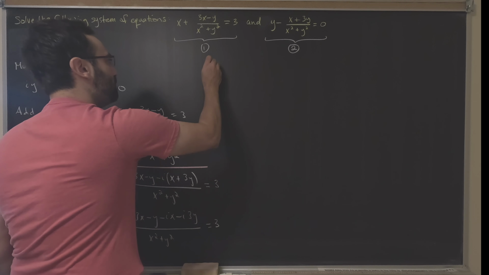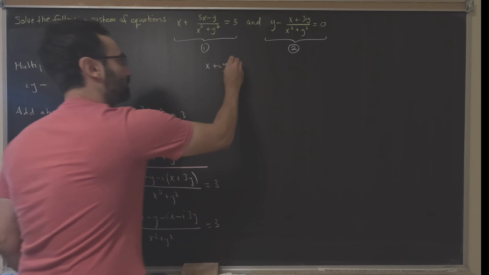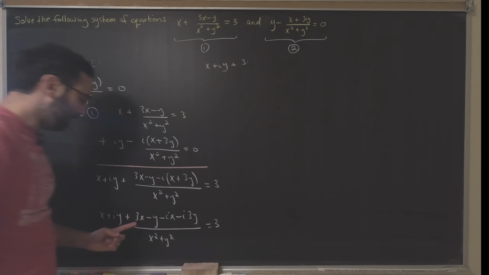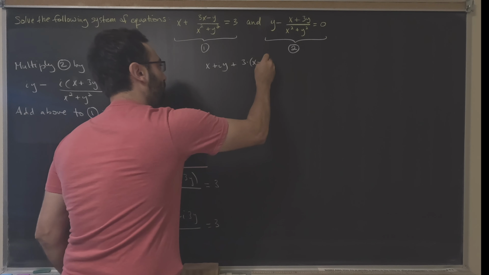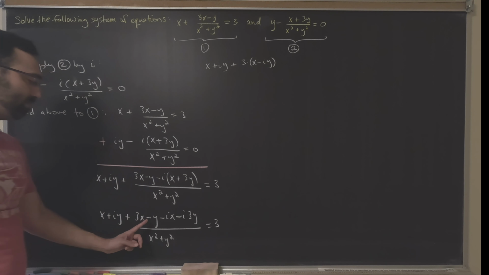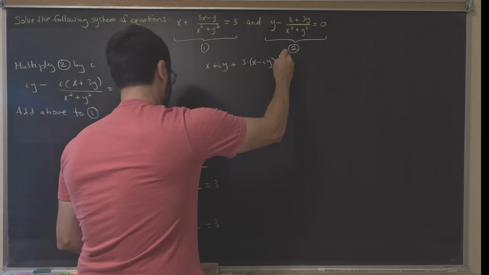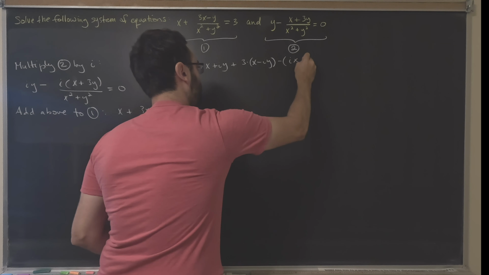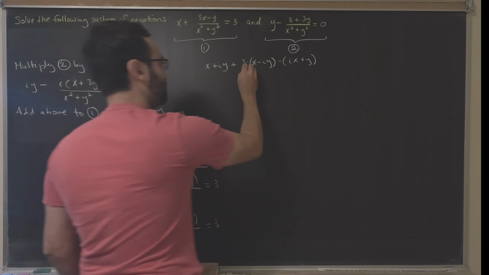So continuing up here, we have x plus iy plus 3 times x minus iy. And then factoring out a minus 1 gives us the following, all over x squared plus y squared.